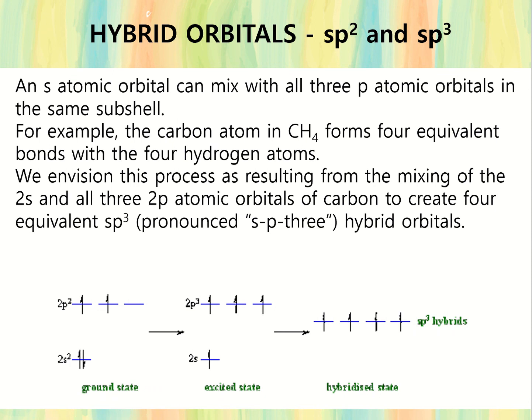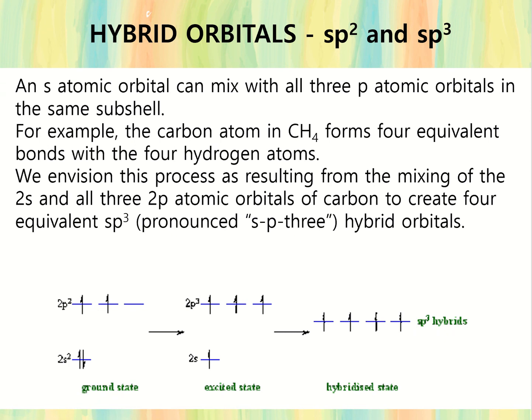With sp, it was just one p orbital that was mixed. In sp2, it was two p orbitals that were mixed. And with sp3, you guessed it, three p atomic orbitals were mixed in the same subshell.